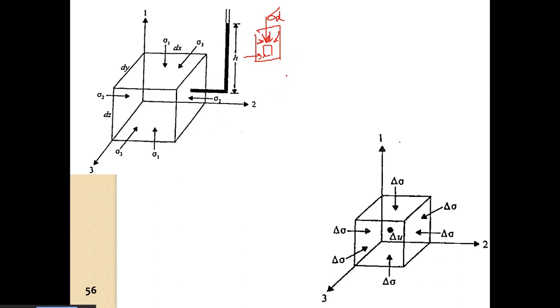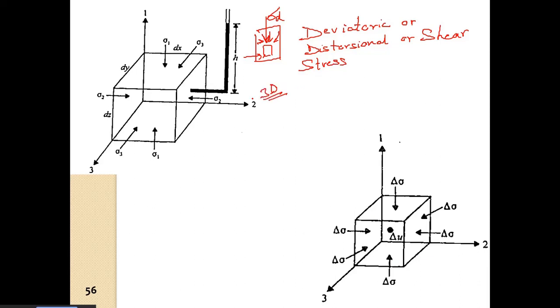We define the deviatoric or distortional, or in general terms shear stress. In the three-dimensional case, we define it as q.